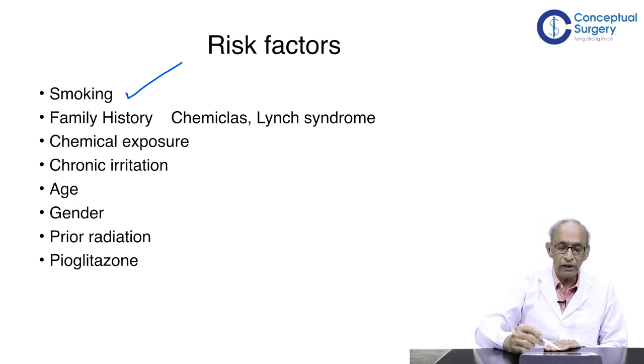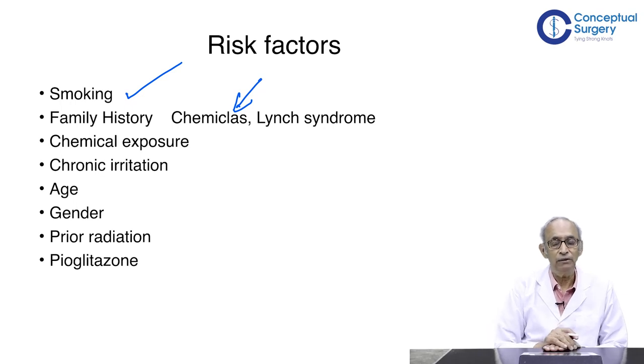So therefore, there is this exposure to chemicals which is common between the members of a family, apart from the genetic. And also cases like Lynch syndrome, where carcinoma colon is very common. For whatever reasons, bladder tumors are also common in that particular group of people.